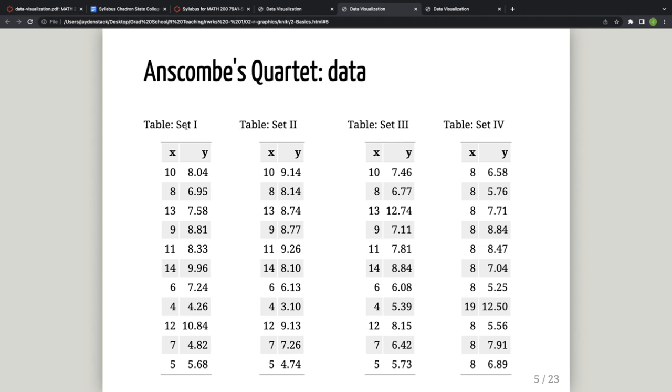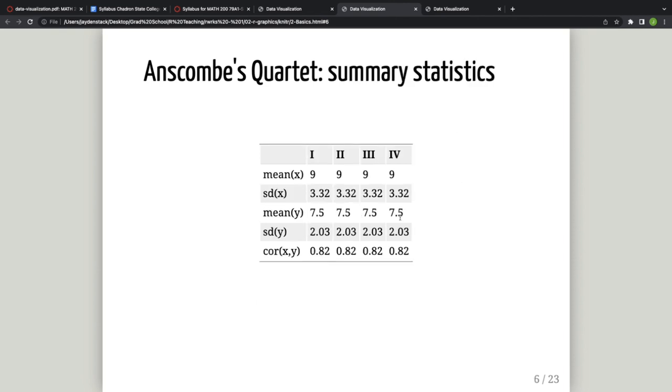Okay. So let's use our eyeballs to look at the different numbers that we're looking at here. All of these look like they have the same x values but different y values. Okay. So obviously very different data sets, but if we take a look at summary statistics, they're all the same.